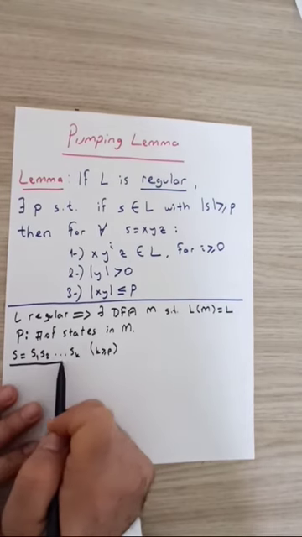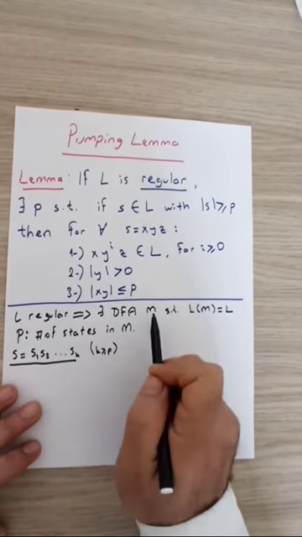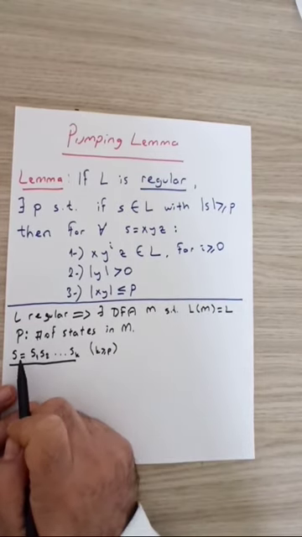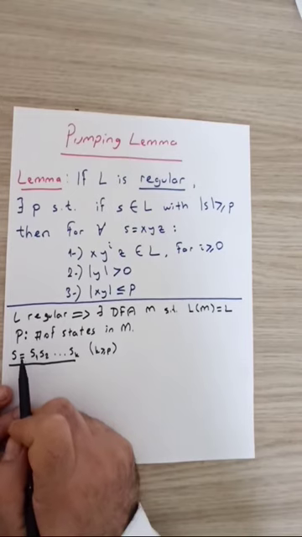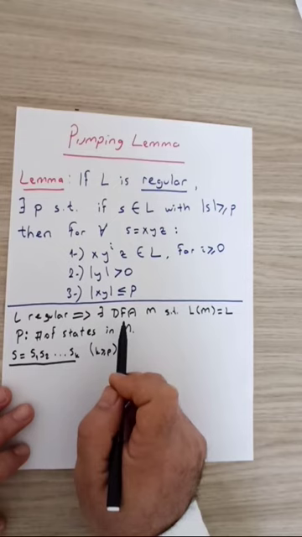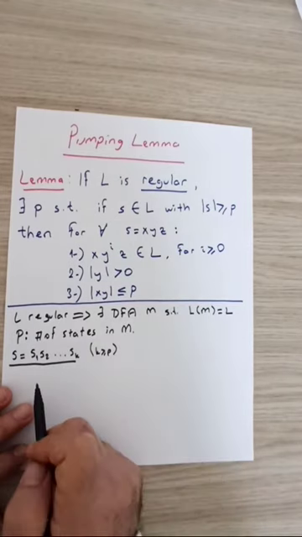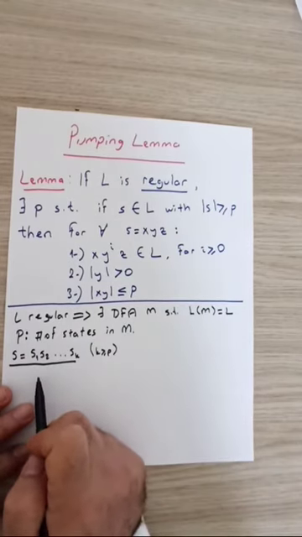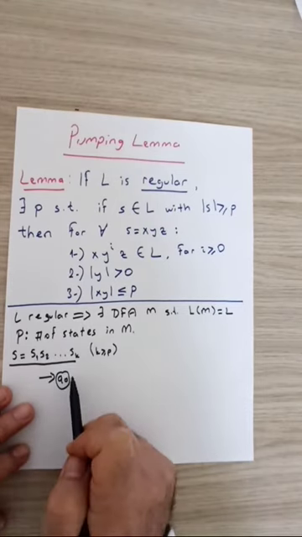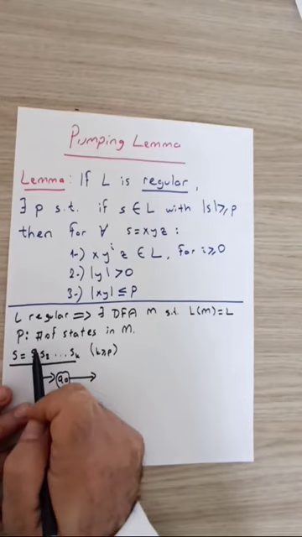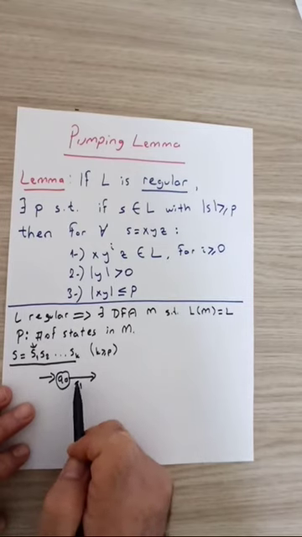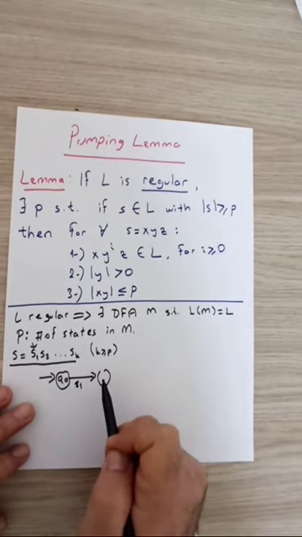Let us try to imagine how this DFA M does its computation on this input string s. Remember that in the DFA model, the computations happen through a computation path. So we basically start our computation at the starting state, let's call it q0, and then next, this first symbol of the string, s1, is processed through a transition.